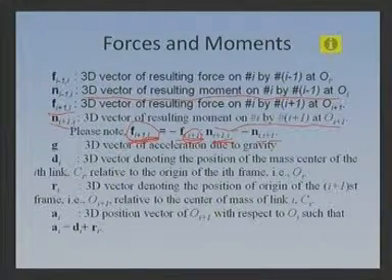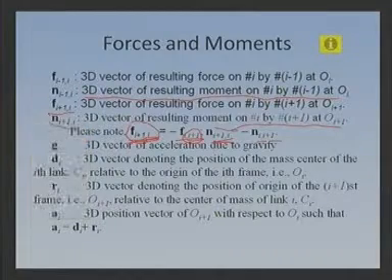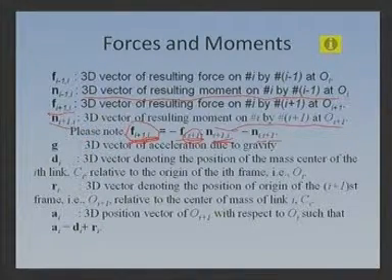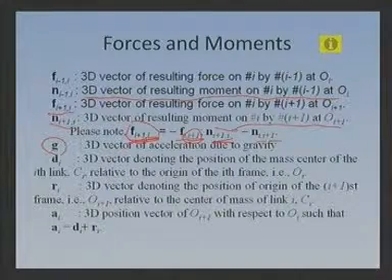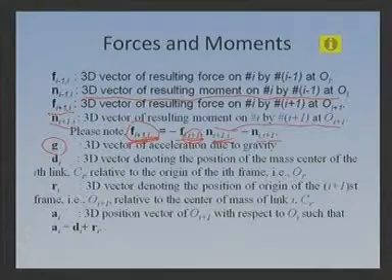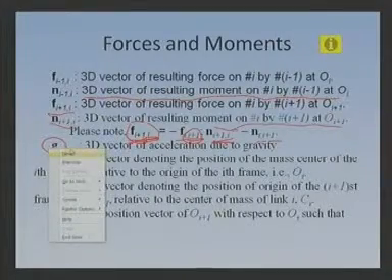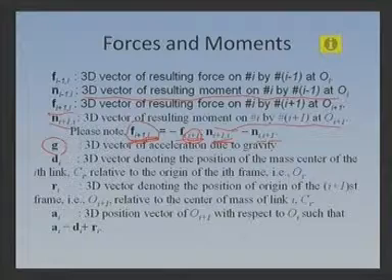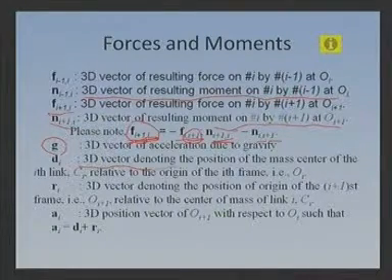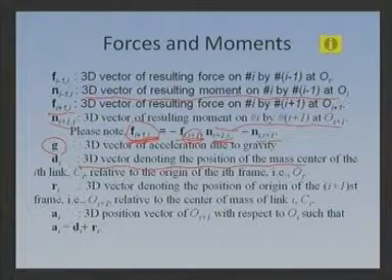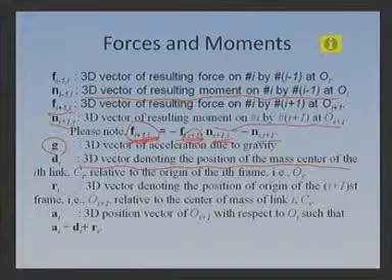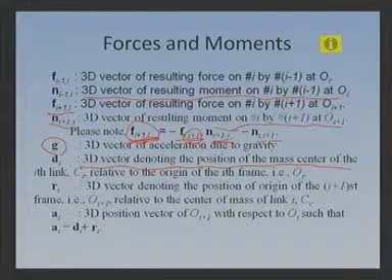g is the 3-dimensional vector which is the acceleration due to gravity. di, I have told you what di is. di is the 3-dimensional vector denoting the position of the mass center of the ith link, Ci, relative to the origin of the ith frame, OI.